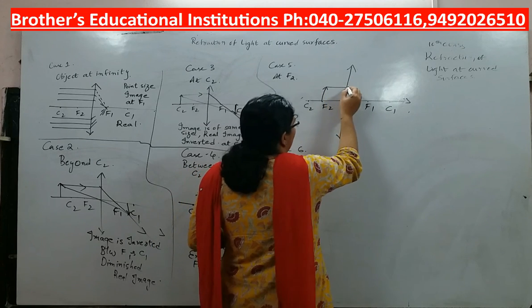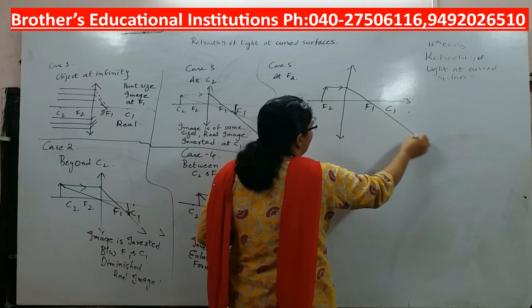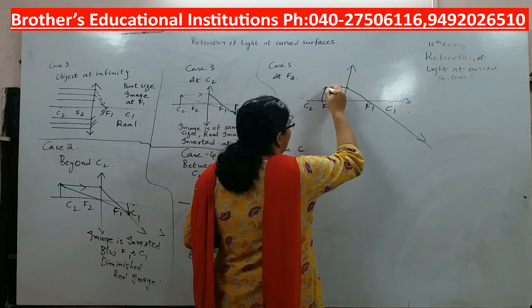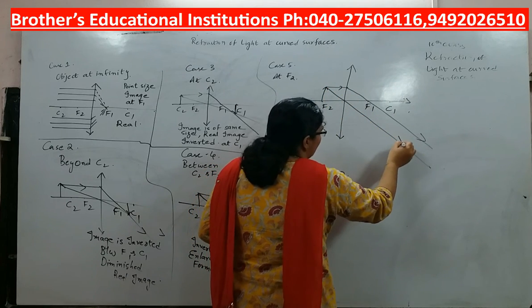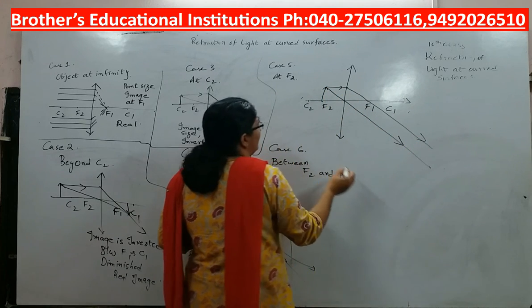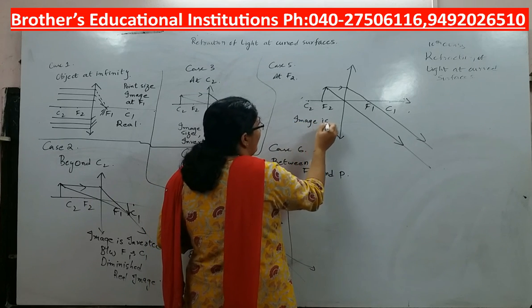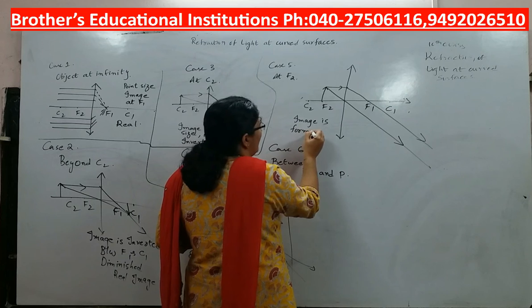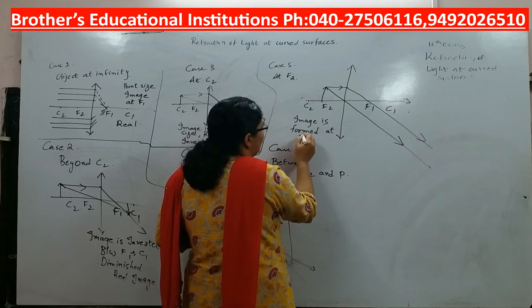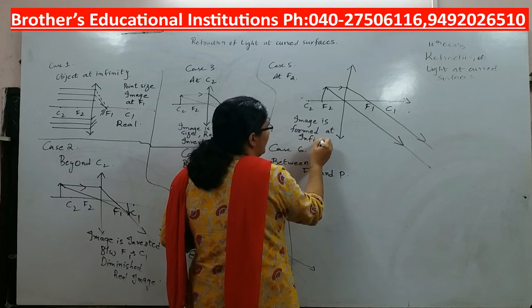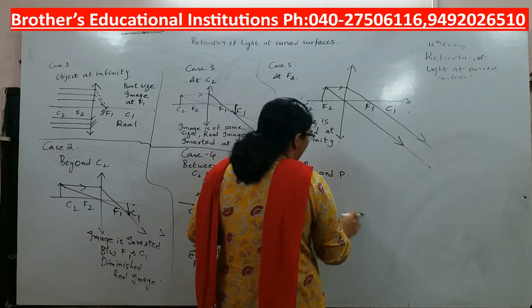One ray parallel to the principal axis, it will pass through focus. Other ray passing through the optic center. So both rays are not meeting. Image is formed at infinity. So you cannot tell about the image, it is formed at infinity.